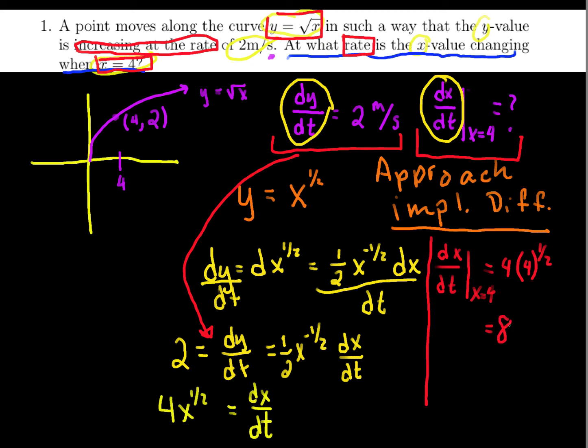And now I need to put my units in here, but the units for this 2 were meters per second, and that's the only value with units we have, so this will be meters per second. And that's our answer. Our answer is that when x equals 4, the rate at which the x value is changing is 8 meters per second.